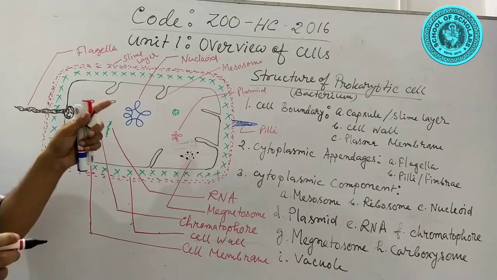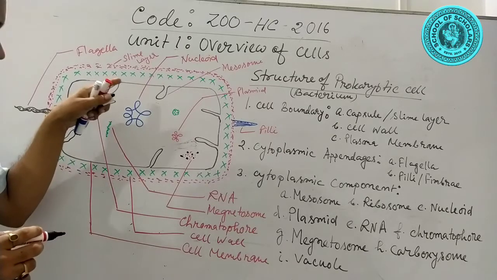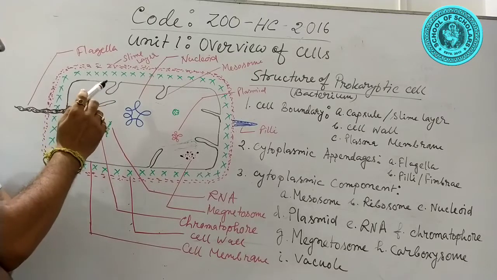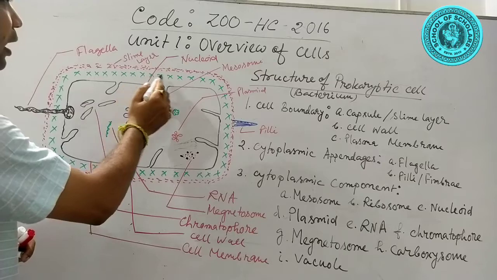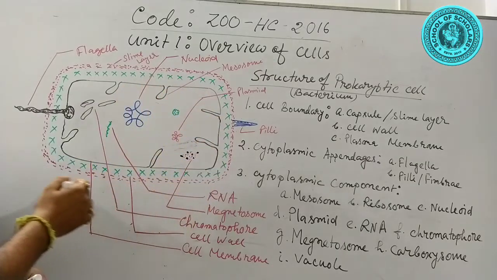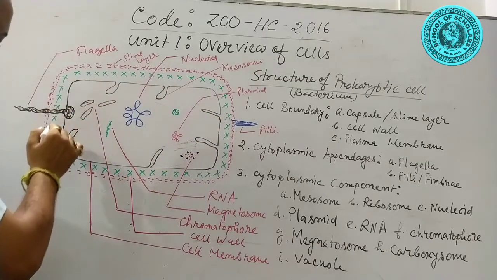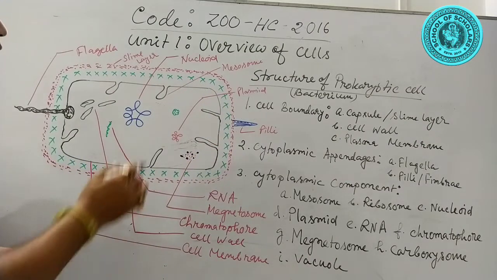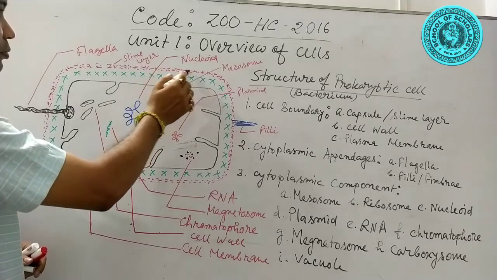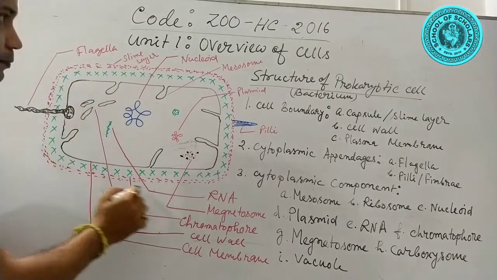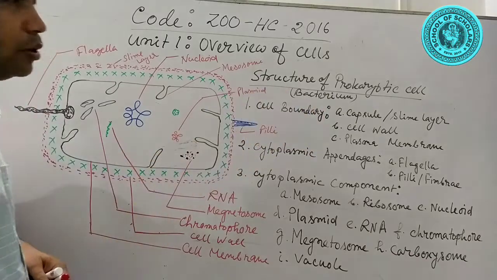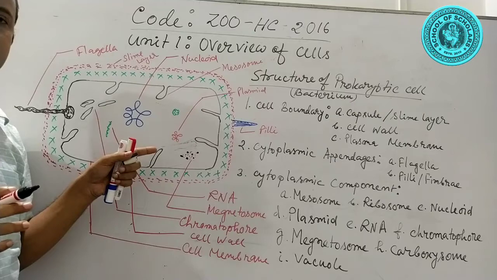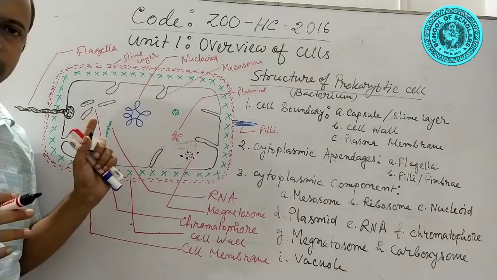The cell membrane is the first layer which surrounds the cytoplasm externally. Next one is in green color. This is a sketch diagram. In green color, this layer shows the cell wall, and this layer in red color shows the capsule or slime layer. All these are components of the cell boundary.